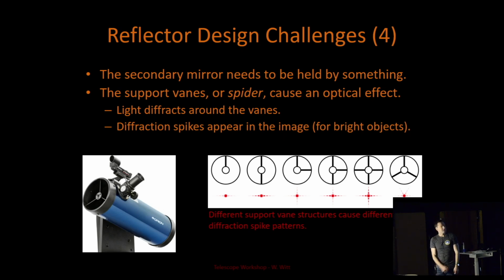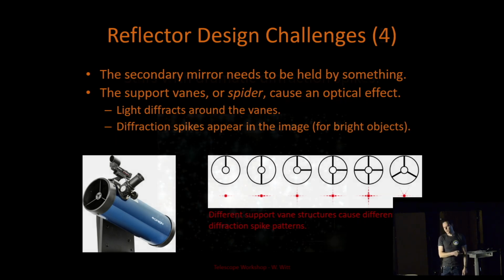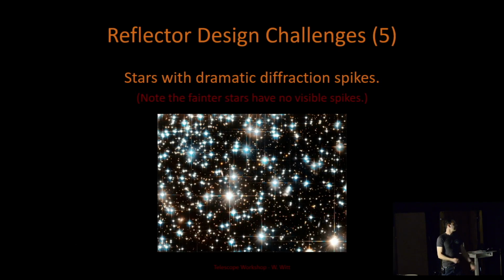Because these also have to go into the light path, they also obstruct the aperture a little bit, but they cause an additional effect which, depending on who you are, may or may not be desirable. Those lines actually do cause a bit of diffraction of the light.